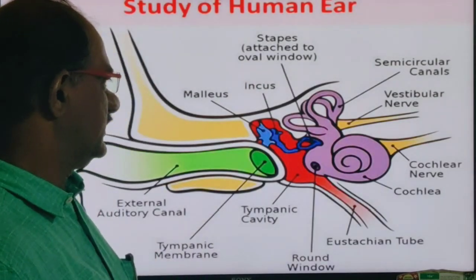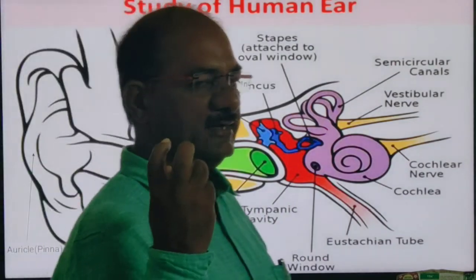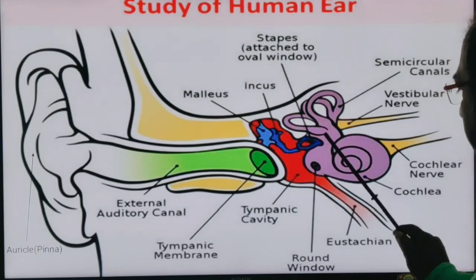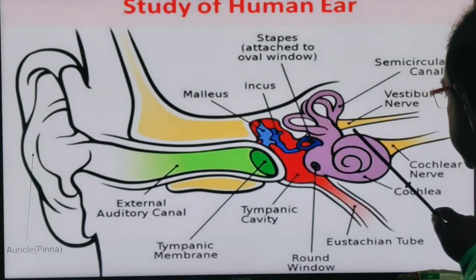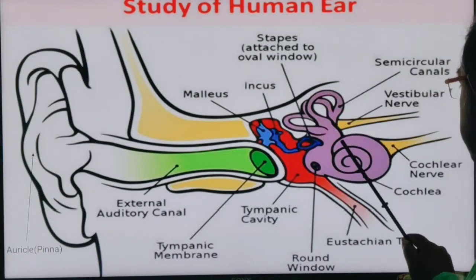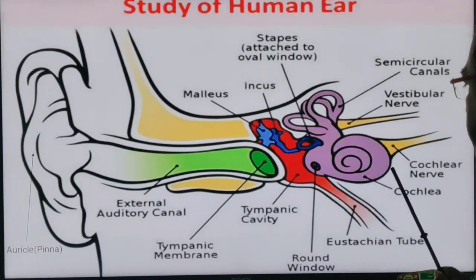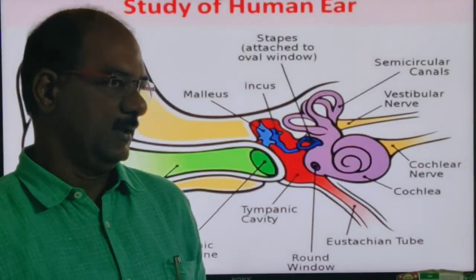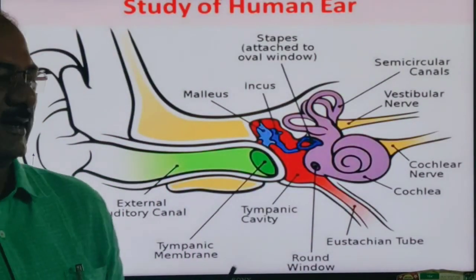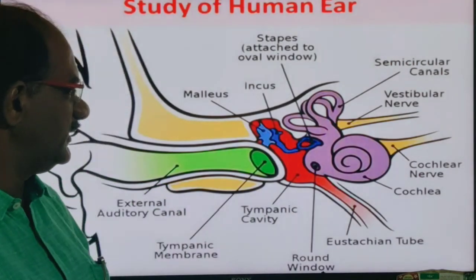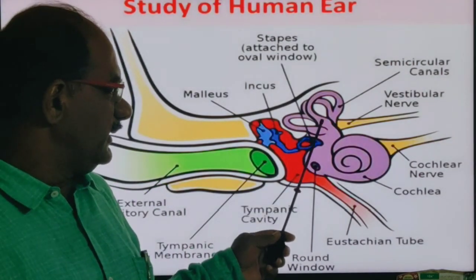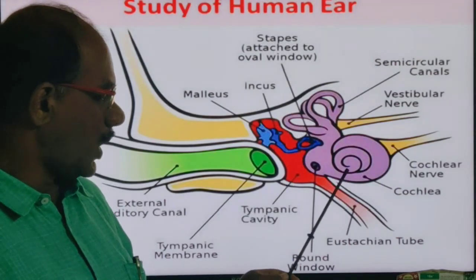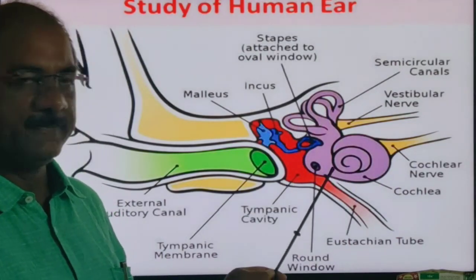And the inner ear consists of a soft and delicate irregular part called the membranous labyrinth. This whole structure is called the membranous labyrinth, and it consists of the semicircular canals. One is a bony labyrinth, another is a membranous labyrinth, and in this structure the 3 semicircular canals as well as the cochlea are also present.